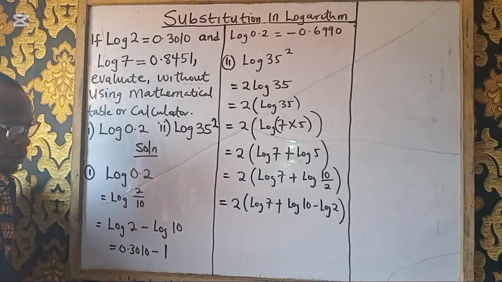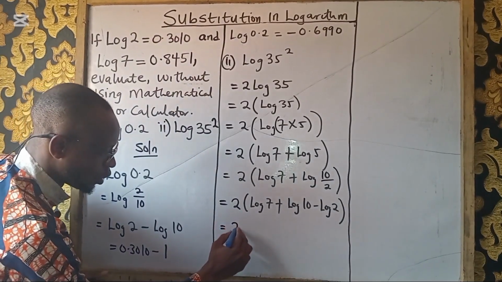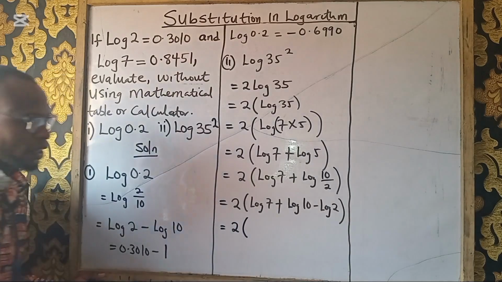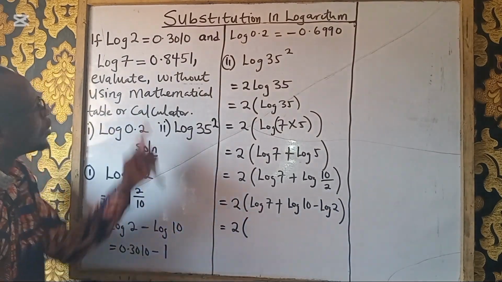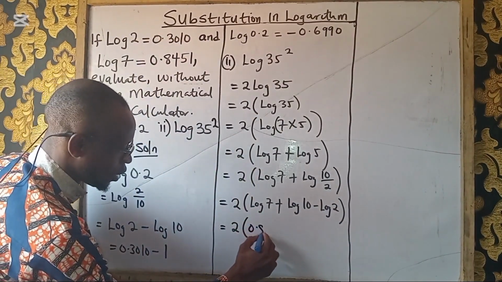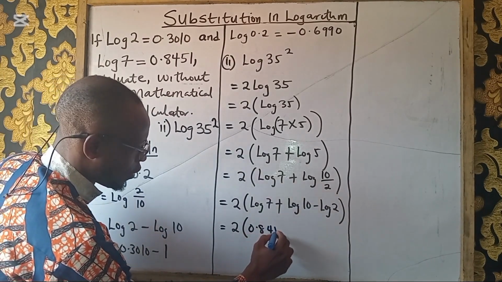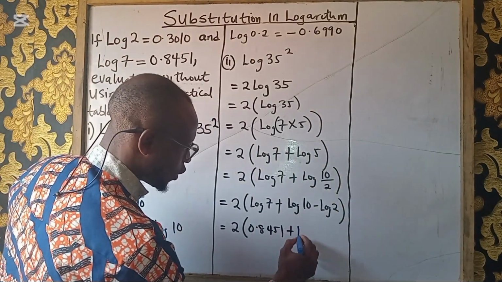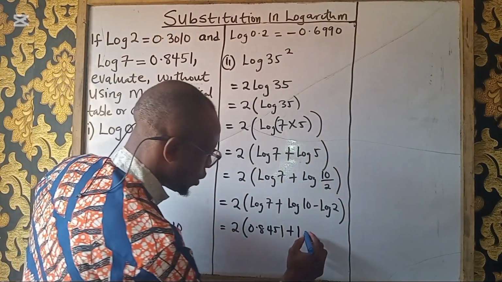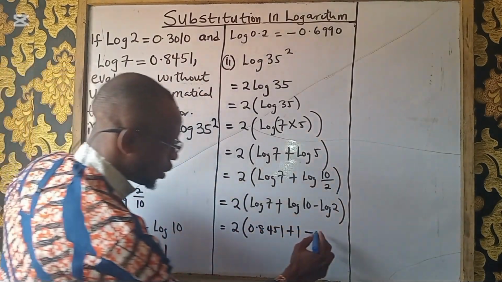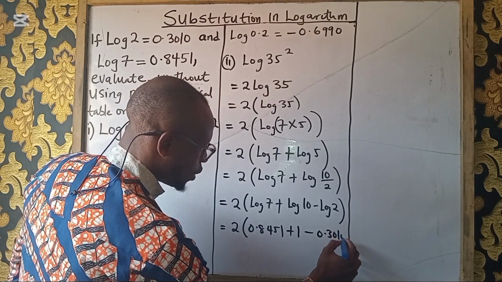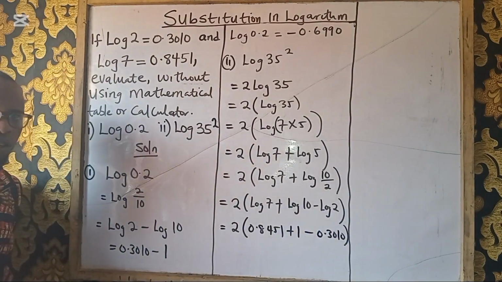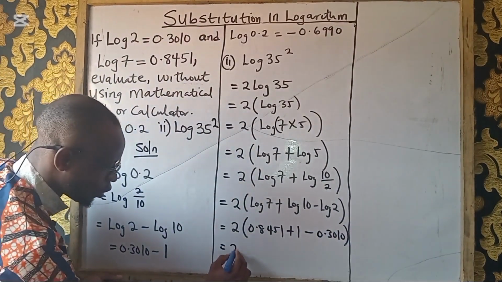Okay, so therefore we can place our values now. So this is going to be 2 brackets, log 7 is 0.8451, then plus, this is giving you 1, don't forget, then minus log 2 is what? 0.3010. Okay, so we are going to have 2 brackets.